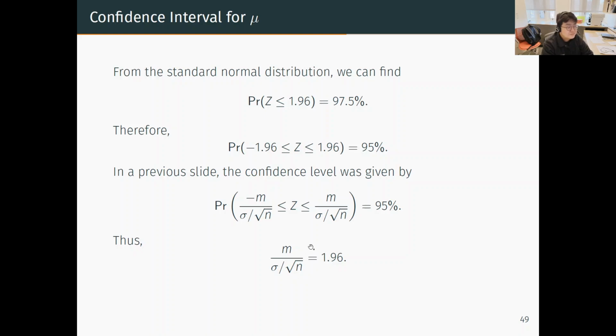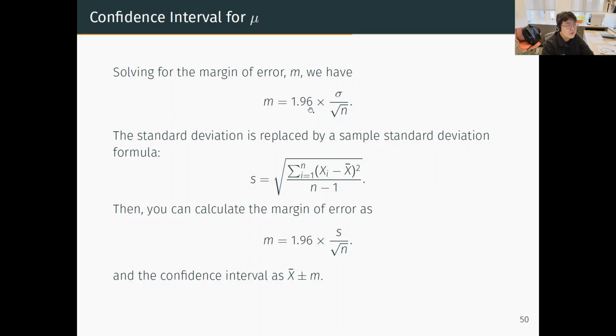And then you can solve for m equals something multiplied by the standard deviation of the sample average. The last problem here is n, the sample size, is available. You know the sample size, but the standard deviation is unknown. You have to estimate this again.